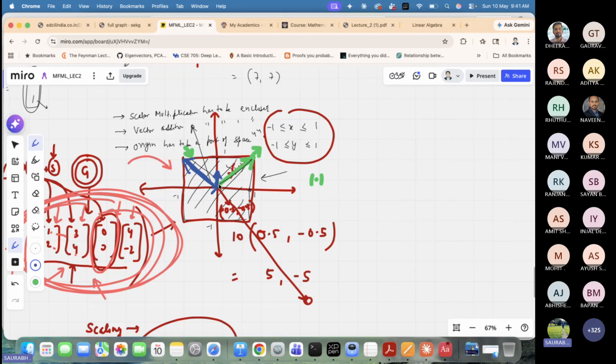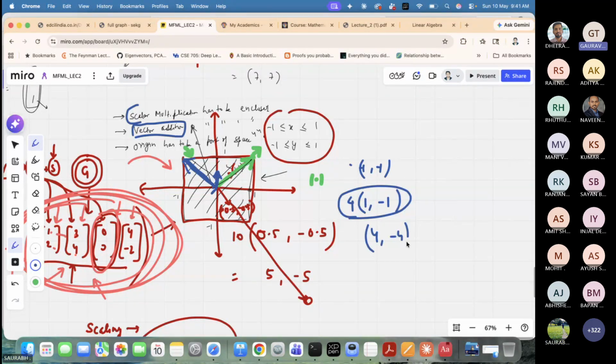No, you were talking specifically about vector addition, but think about scalar multiplication. Even if I take just this one vector and concentrate on it, if I scale it by 4, it will go to 4 and -4, right?